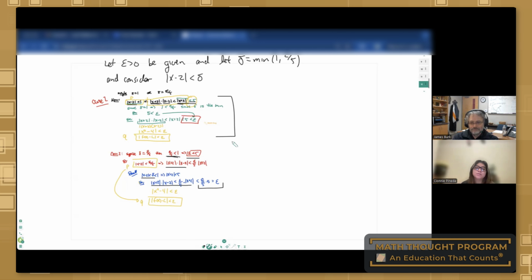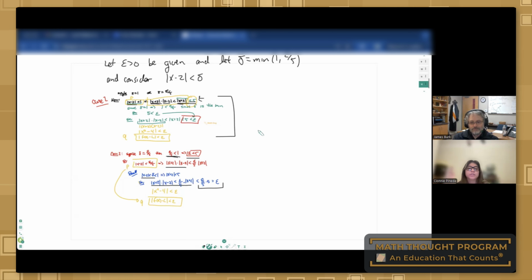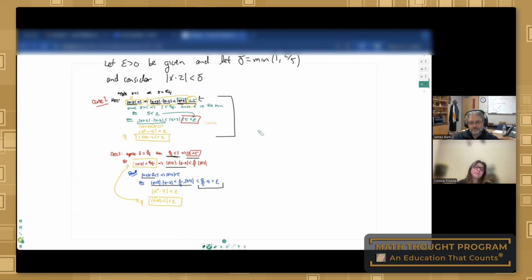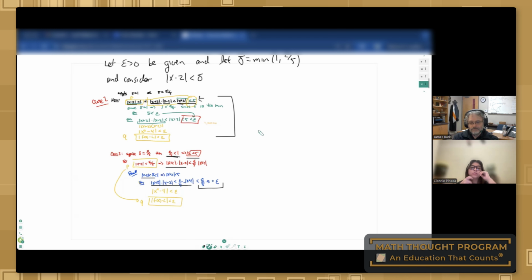Yeah, because it's just kind of continuing that first line here. And then in this case, we basically found that the epsilon is greater than 5 because the 5 is greater than the x plus 2.